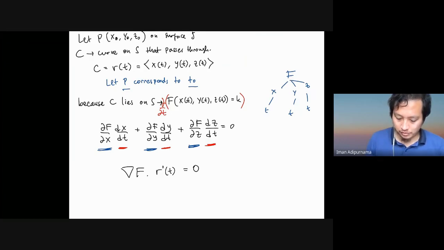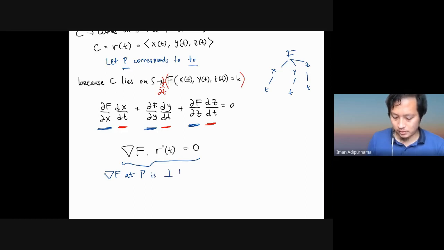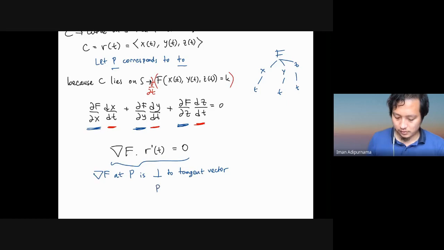We can also see from this proof that the gradient vector of f at point P is orthogonal to the tangent vector passing through P.